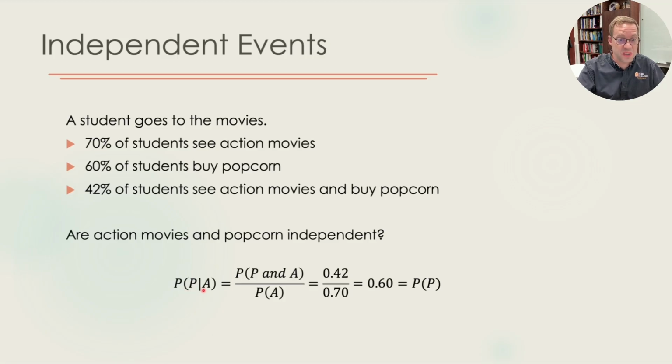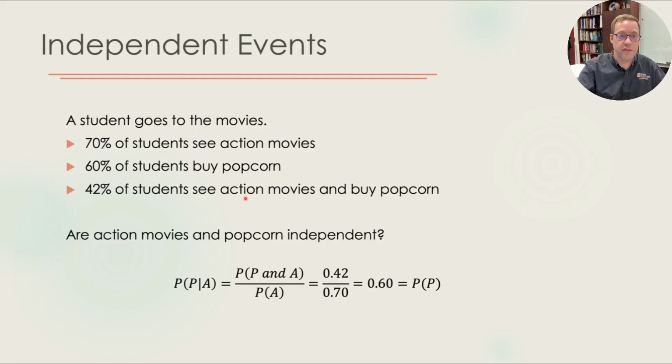The probability of buying popcorn given that they're seeing action movies would be the probability that they buy popcorn and see action movies divided by the probability of seeing action movies. Okay, the probability of popcorn and action movies is 42%.